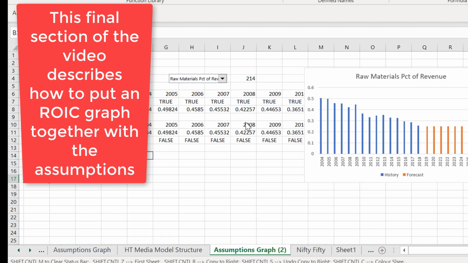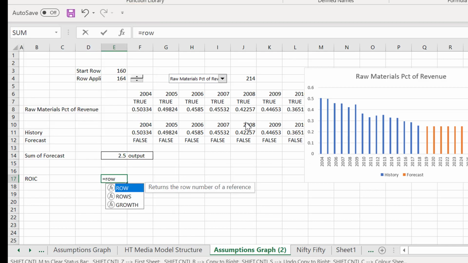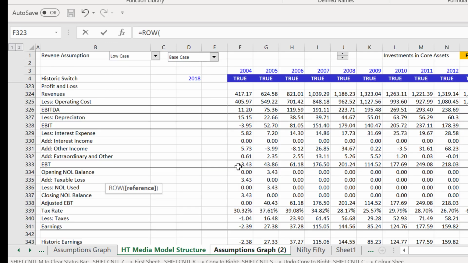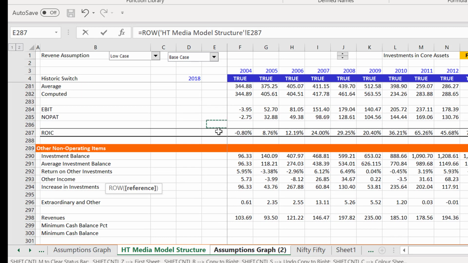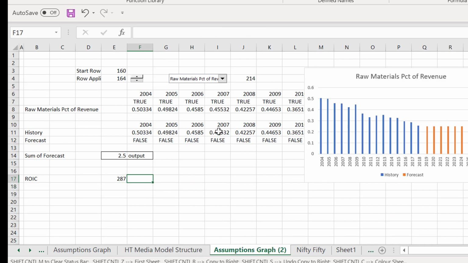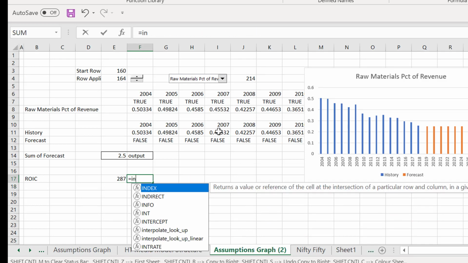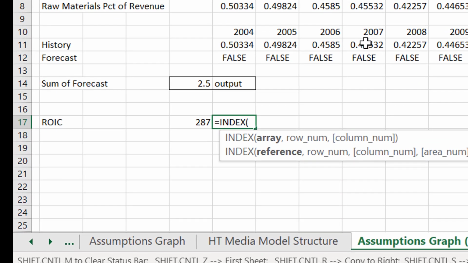This time I'm going to just put ROIC, and perhaps I'll just put the row number for it. I'm kind of thinking out loud on this one, which is really bad. And you recall we were able to get the ROIC from this row 287. So all I'm going to do is put an index just so we practice this.